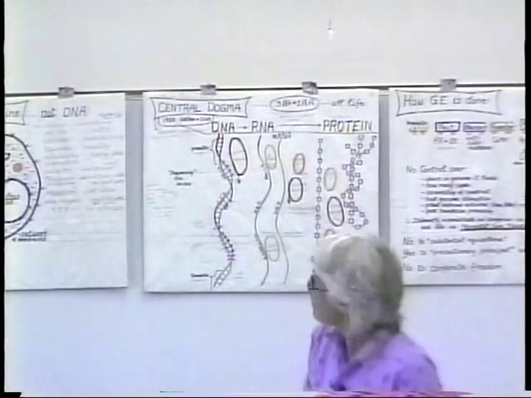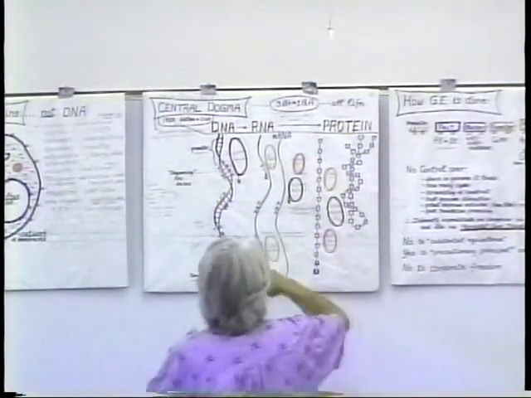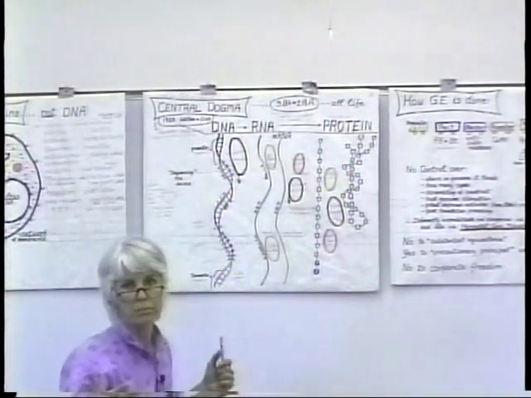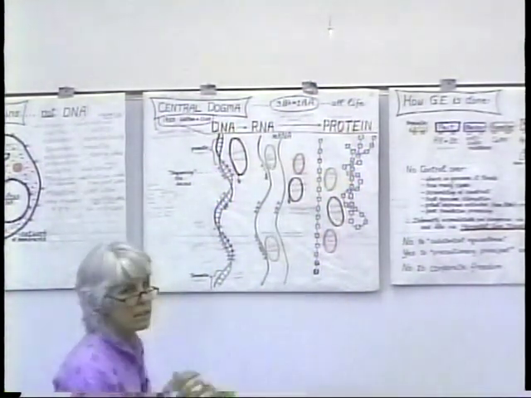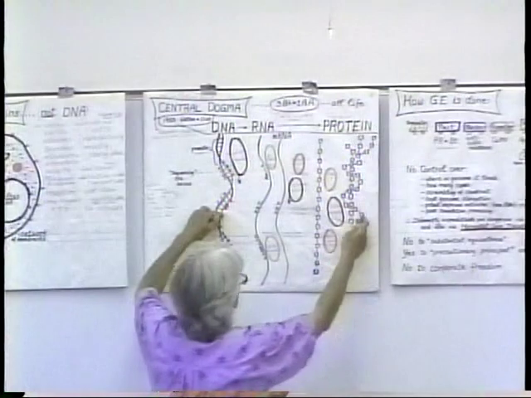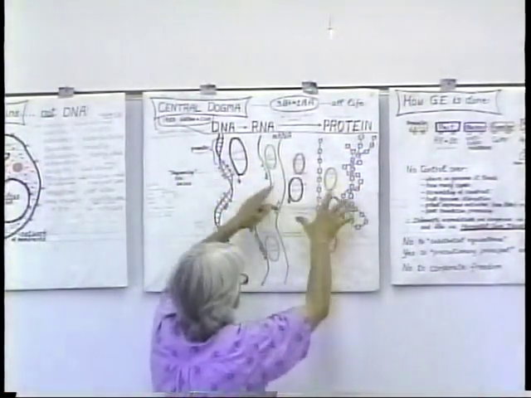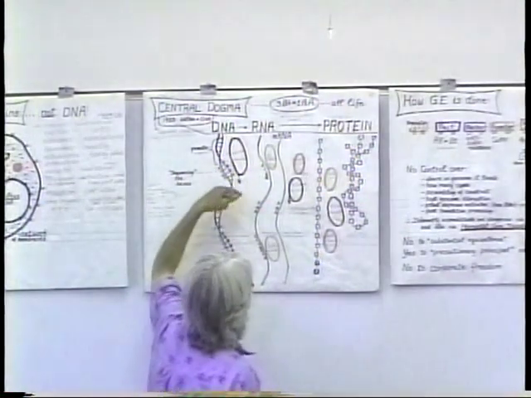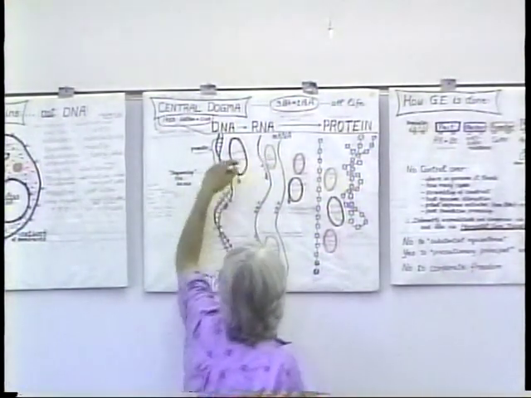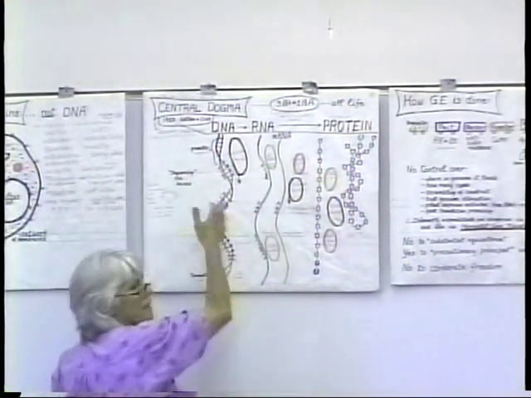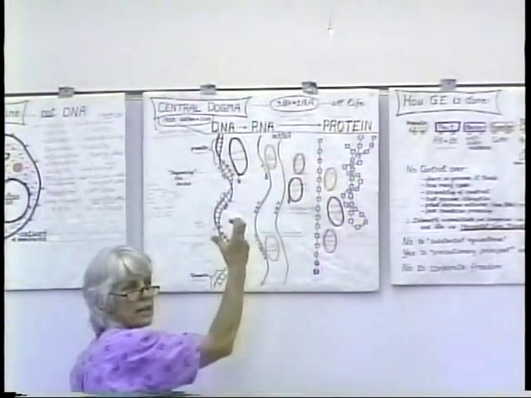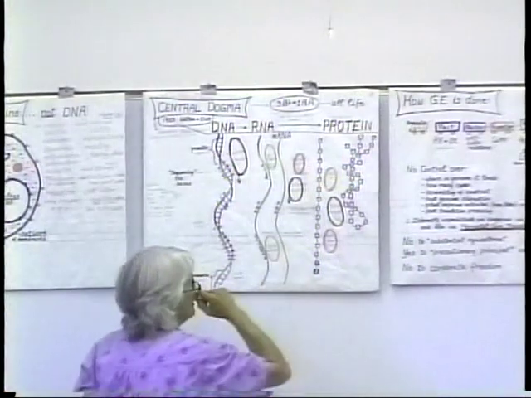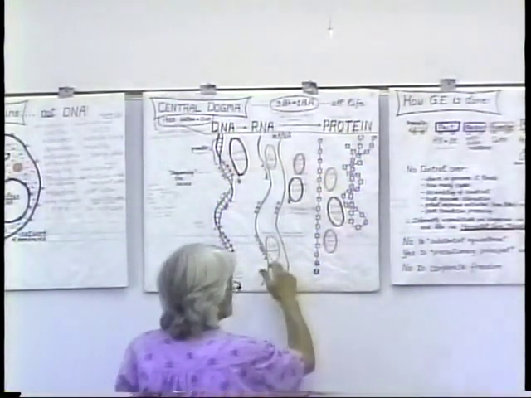So what is going on here? Well, all of these colored circles are enzymes that have a job, a job in the city. To get from here to here, you have a lot of things going on. This enzyme transcribes. This enzyme cuts and pastes. It cuts out the other stuff and pastes together the final RNA product called messenger RNA. And this one is a spliceosome.